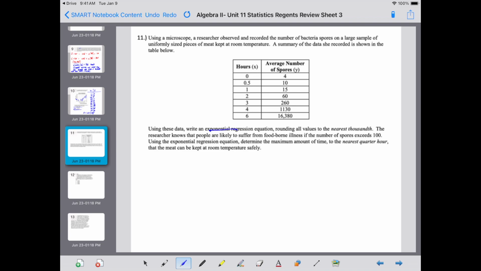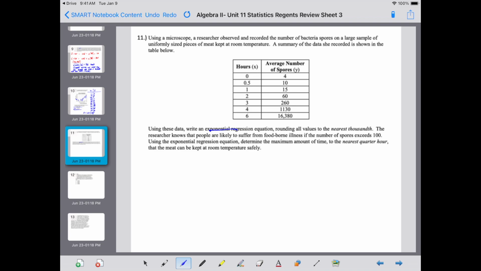We have to write an exponential regression formula, so we're going to do exactly what we just did. This time it's easier because we don't have to estimate points. To clear your list, go up to L1 and clear, up to L2, clear, and press enter.